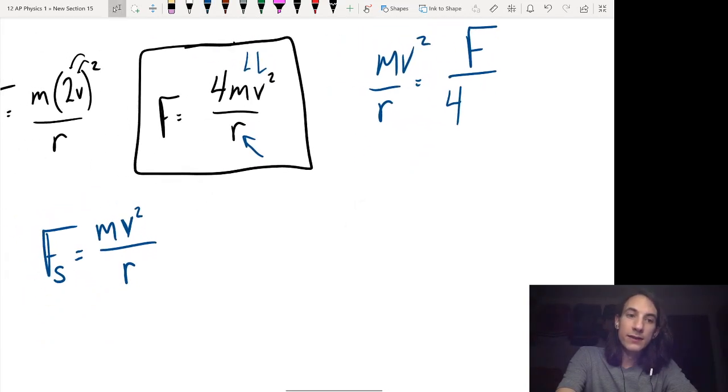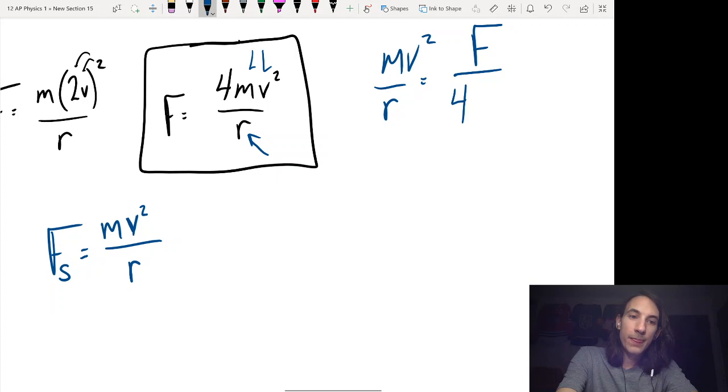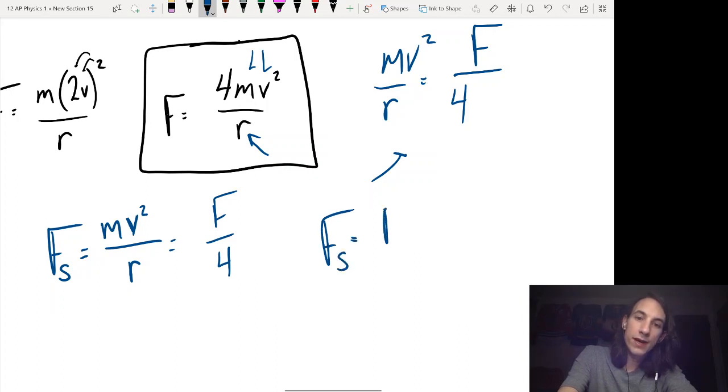So if we look at this, we have F slow equals mv squared over r, and we've set up our equation for F in terms of mv squared over r. So this is really equal to F over 4. So F slow is equal to F over 4.